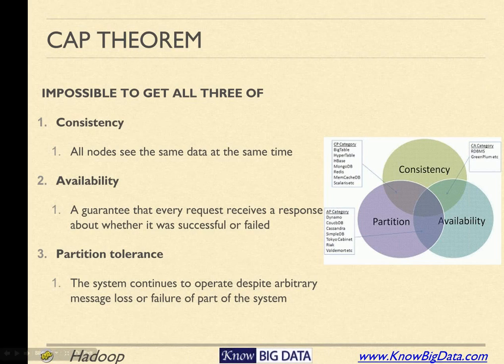The minimum level is that if one machine dies, can your database keep working well even if one of the machines handling the load under the hood is down? That's the minimum level of partition tolerance: at least one computer's loss is okay.